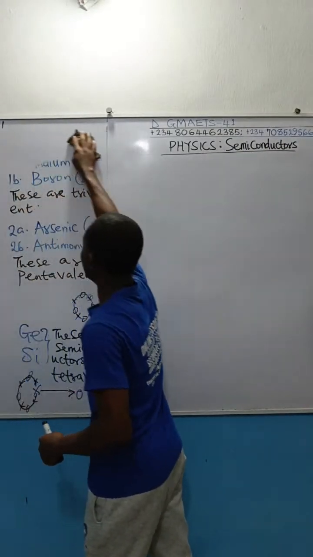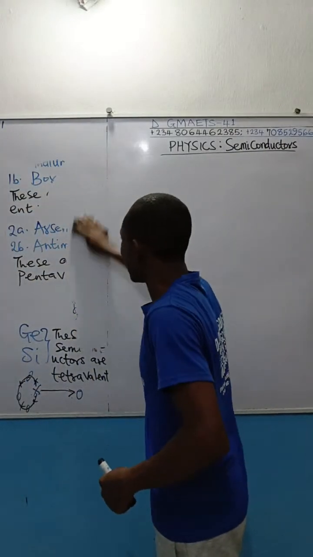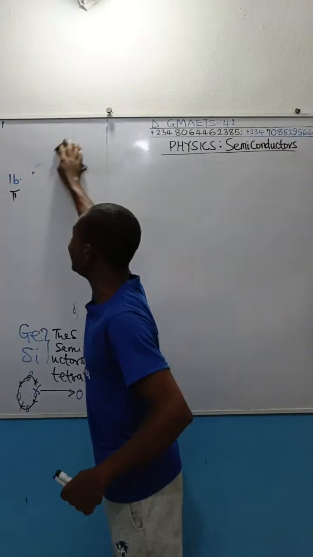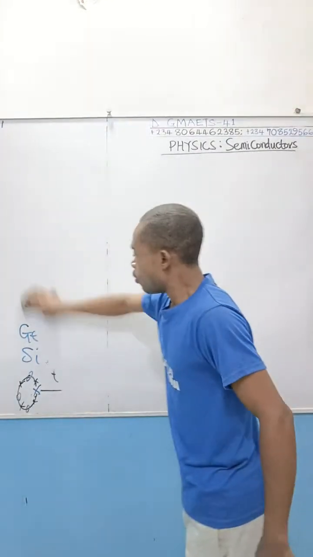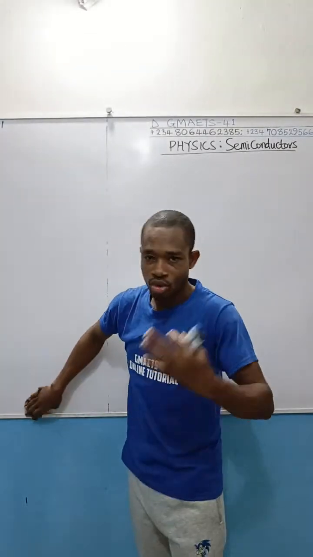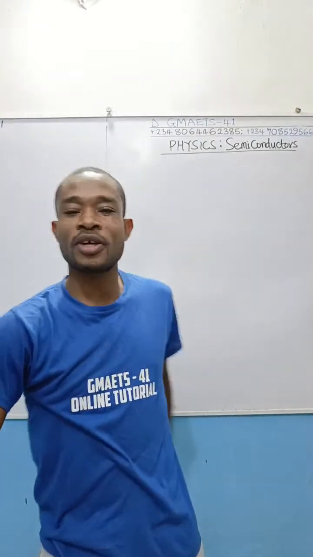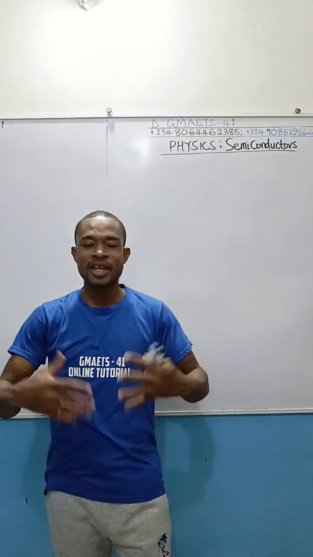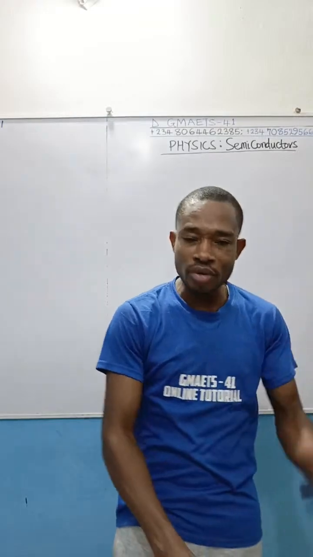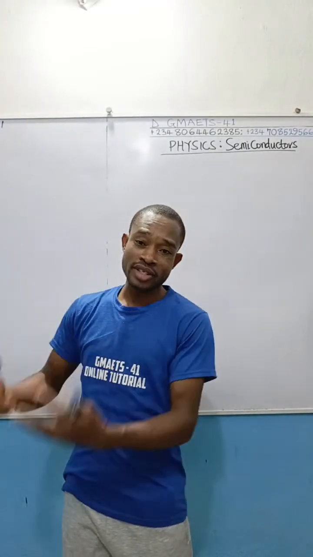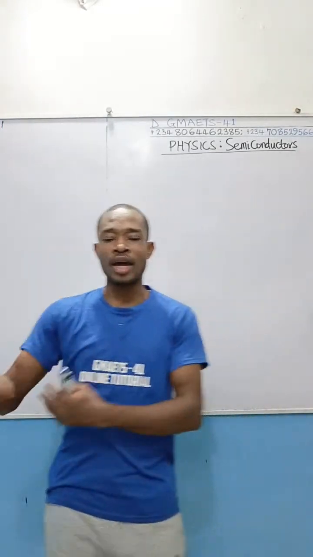Arsenic and antimony are pentavalent doping materials and therefore produce N-type semiconductors. We've explained the majority carrier and minority carrier, either as holes or electrons.